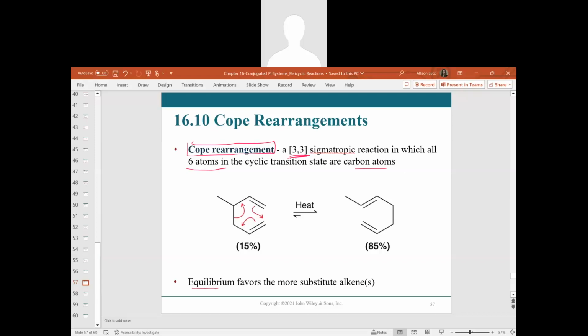The equilibrium, we should note down here, would favor our more highly substituted alkene, and that's what we see here. This alkene is di-substituted, but it's more highly substituted than our starting material over here. So that's why the rearrangement occurs.